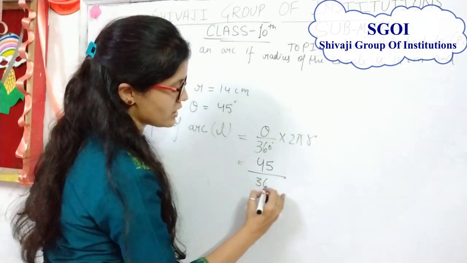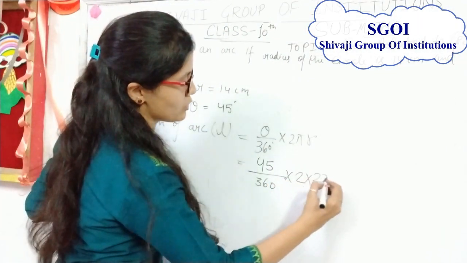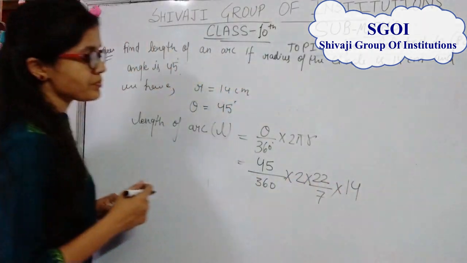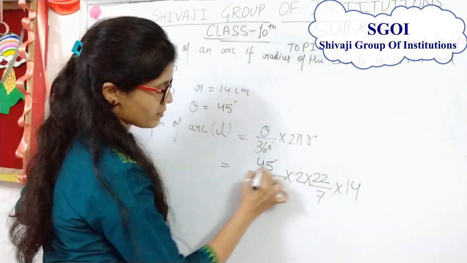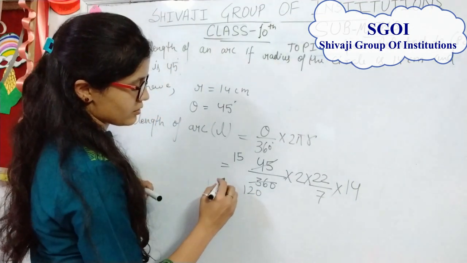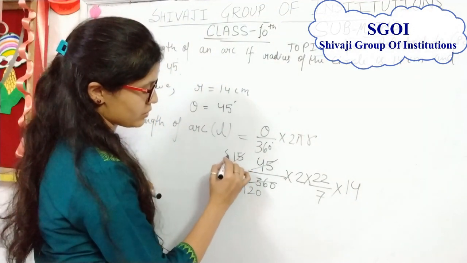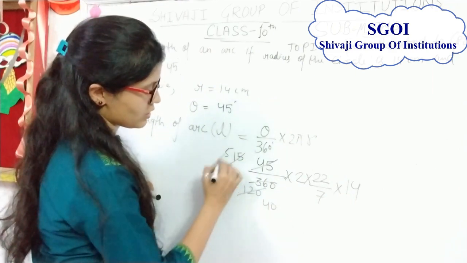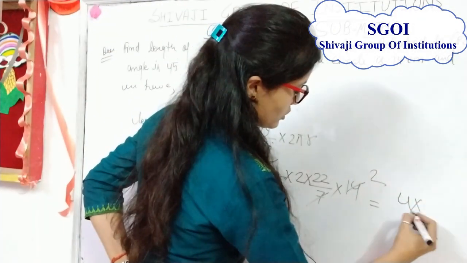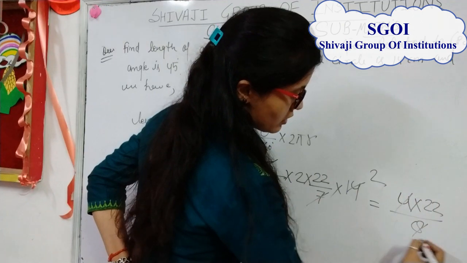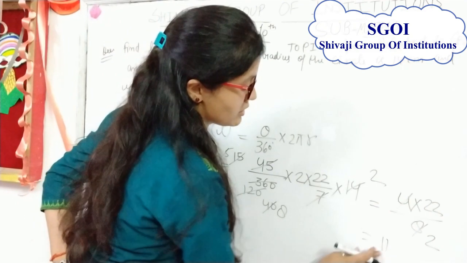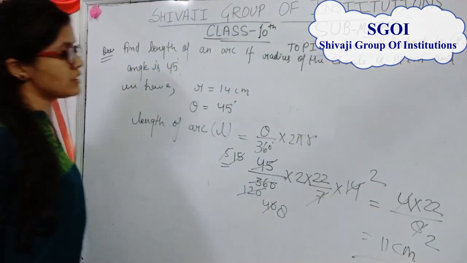So 45 upon 360 into 2 into 22 by 7 into r, which is 14. Now solve it. It becomes 11, and because it is a length, the unit is centimeter. So the length of the arc is 11 centimeters.